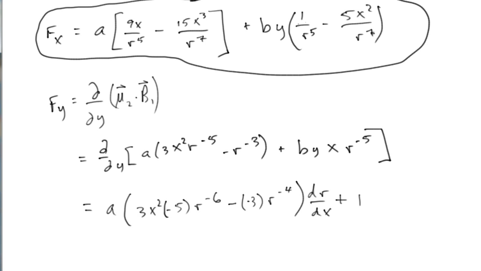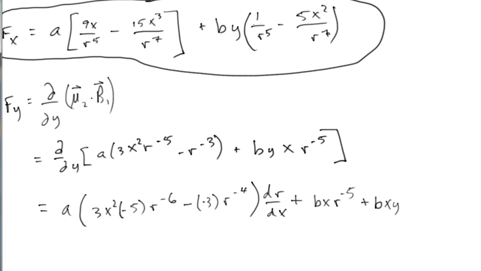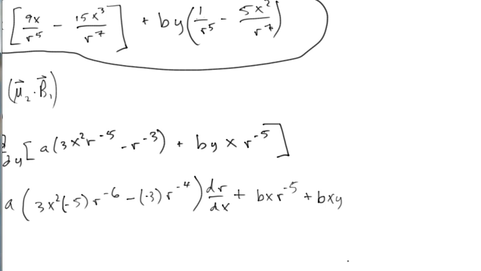That'll just give me bx r to the minus fifth, and then plus the first part left alone, so bxy, alright, I changed the order a little bit, times the derivative of the second part, which is going to be minus 5 times r to the minus 6 times dr by dy.